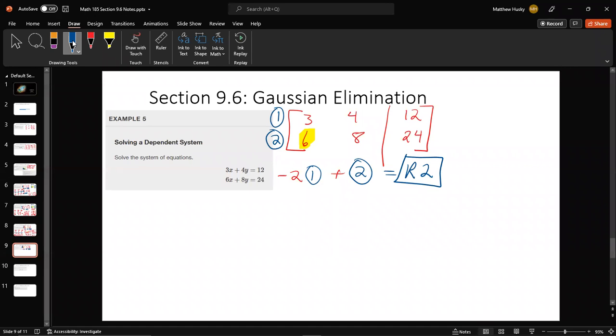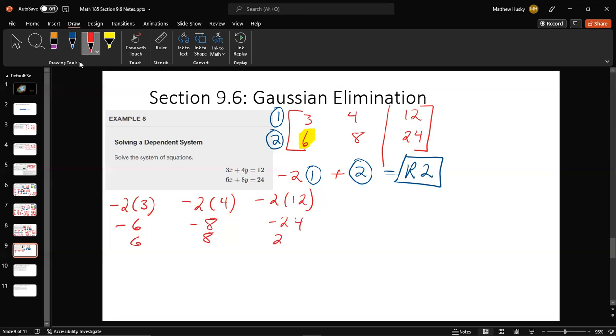So when we do that, we're going to have -2 times 3, -2 times 4, -2 times 12, we're going to get -6, -8, -24, and then we're going to add to that row 2, which is 6, 8, and 24. And lo and behold, you're going to end up with zeros across the board, which means we now have this.